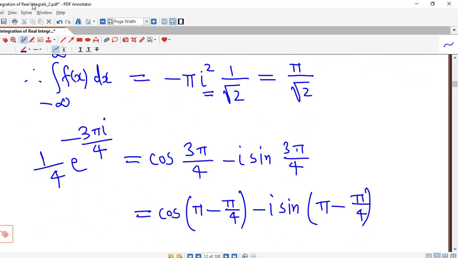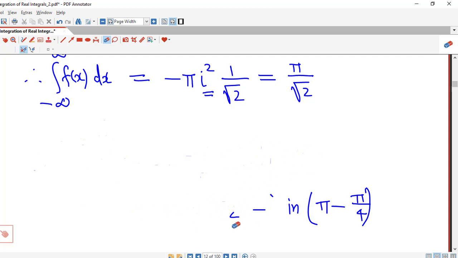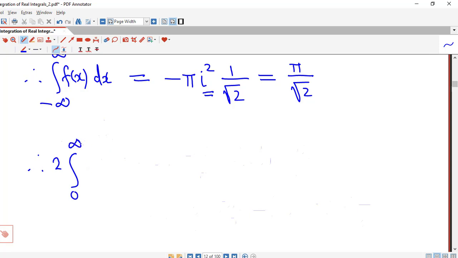Now let me rub this. Now our function is 1 over x raised to 4 plus 1, which is an even function. So this integral from minus infinity to infinity can be written as 2 times the integral from 0 to infinity of f(x) dx, because f(x) is an even function.